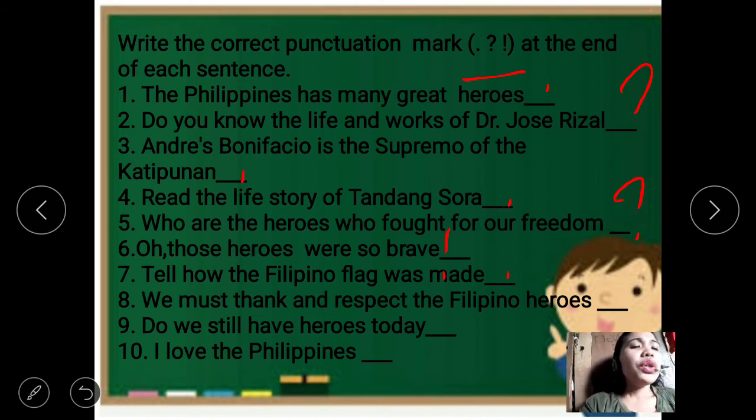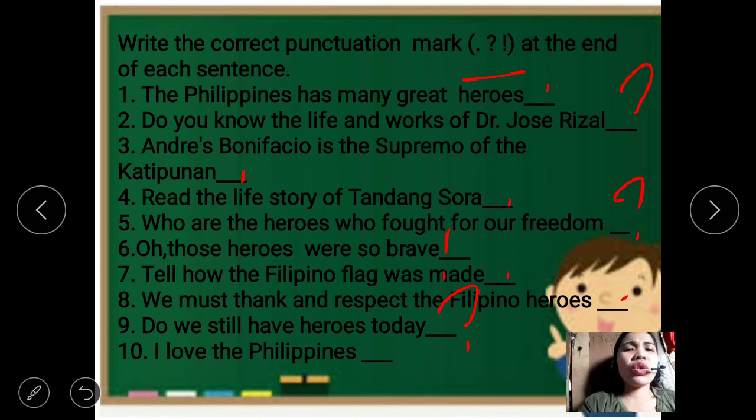Number 8, we must thank and respect the Filipino heroes. Okay, tuldok or period. And number 9, do we still have heroes today? So nagtatanong ka, may mga bayani pa ba tayo ngayon? And that is a question mark. Next, number 10, I love the Philippines.